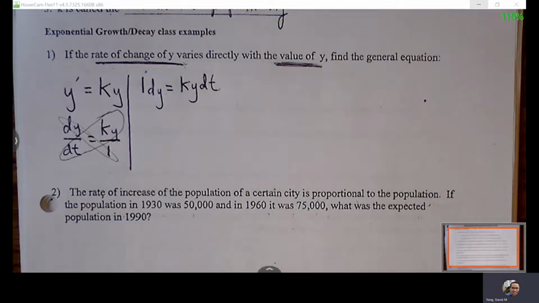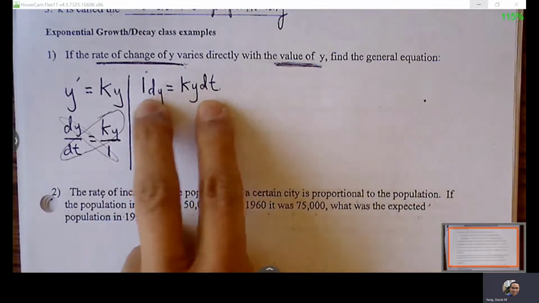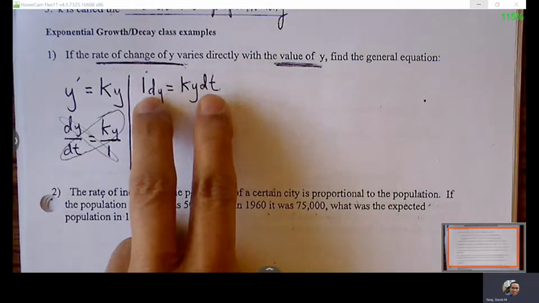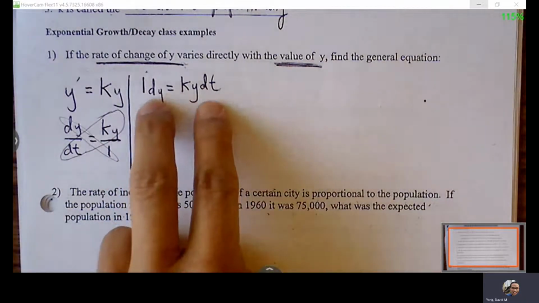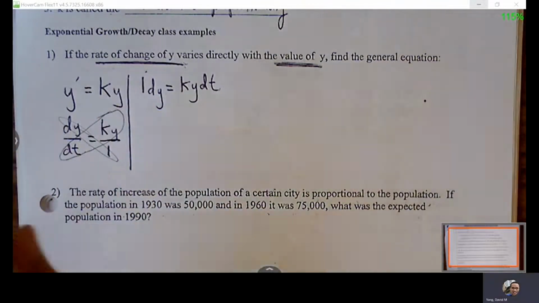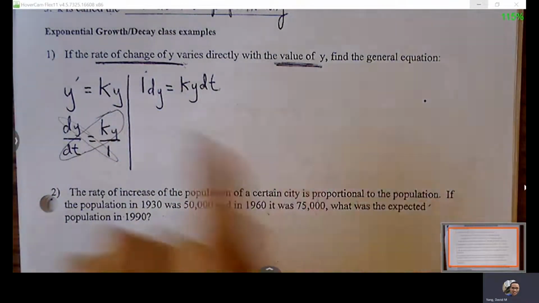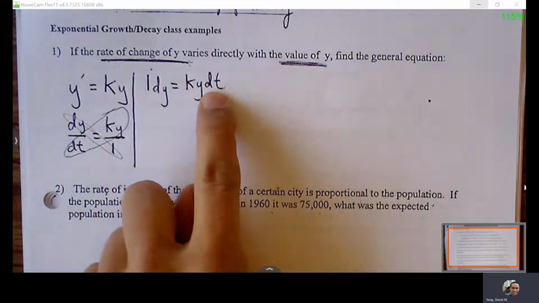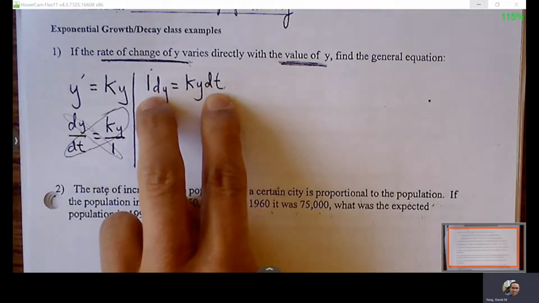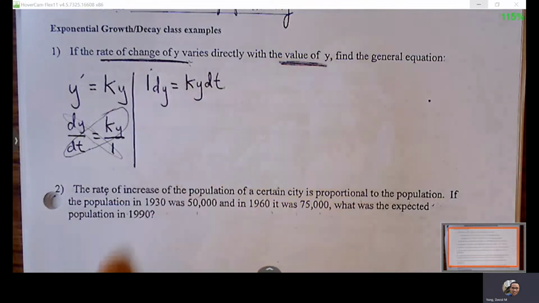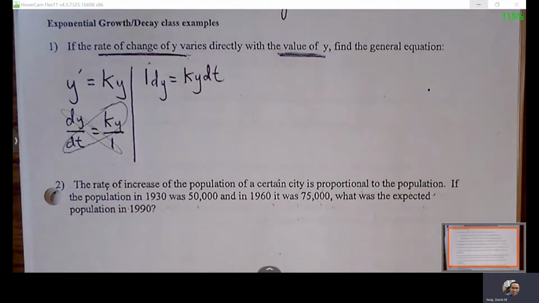Okay, so one of the first things I want you to notice is the progress we've made already. dy and dt are on opposite sides of the equation, and they're in the numerator. dy is on the left, dt is on the right, dependent on the left, independent on the right. So at least we know these two are in the right places. Now the next question is, do we have full separation of variables though?